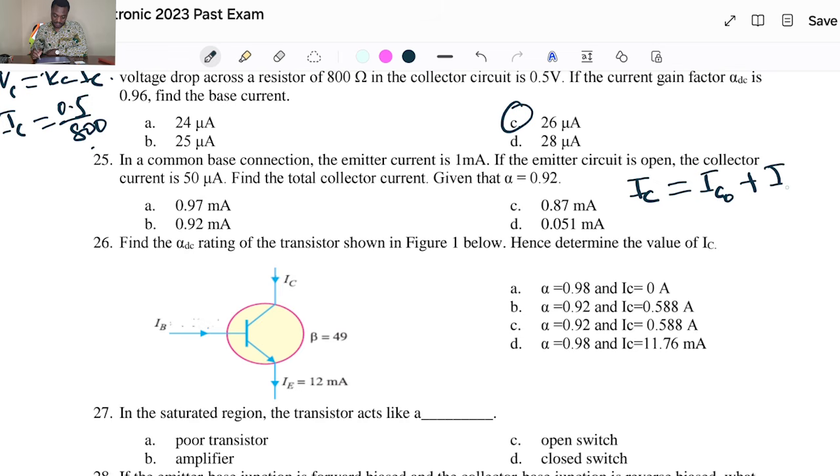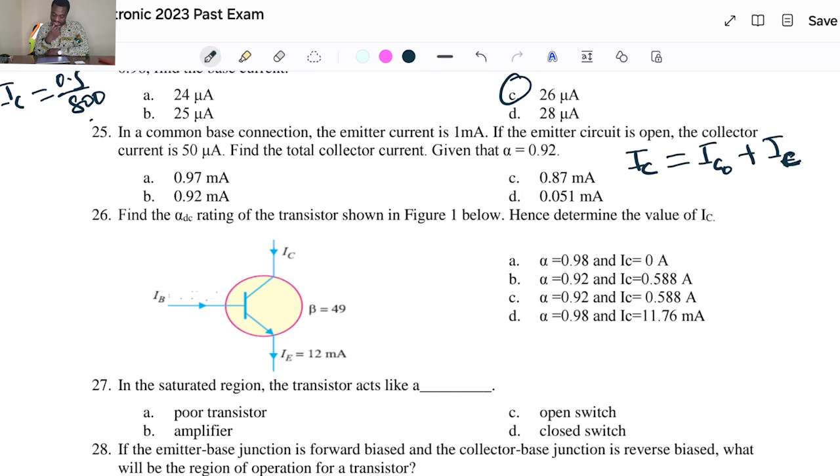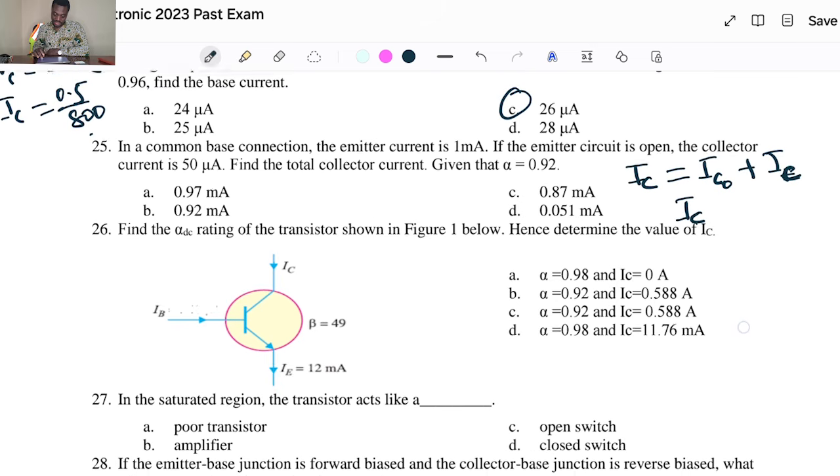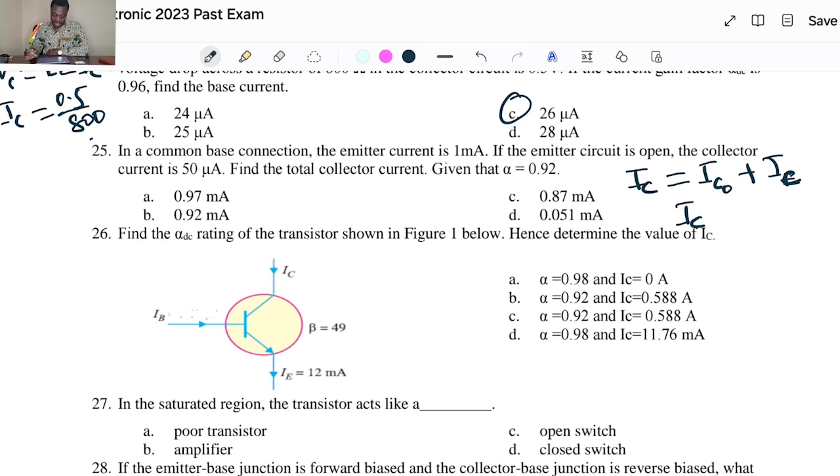So let's get the collector current with the emitter current being 1 milliamp. How do we get this? Again, we can write alpha DC equals IC over IE.